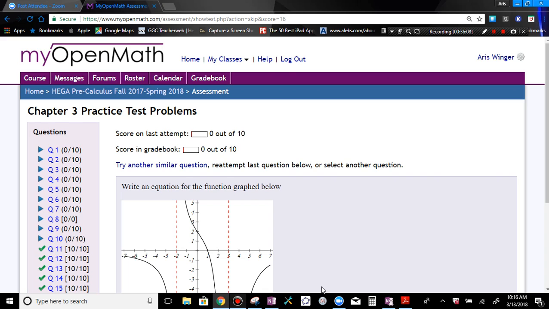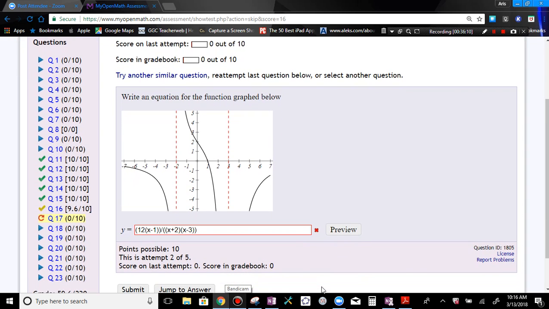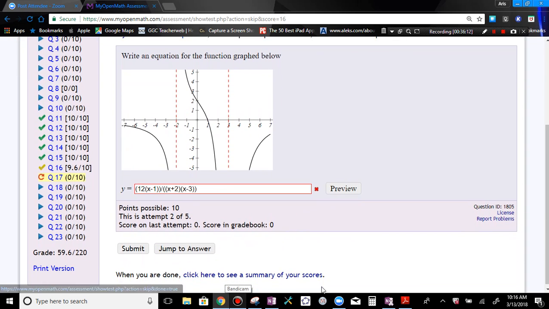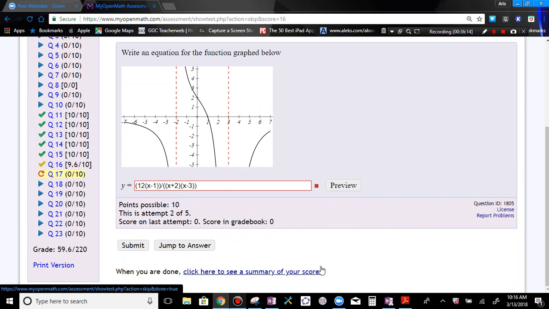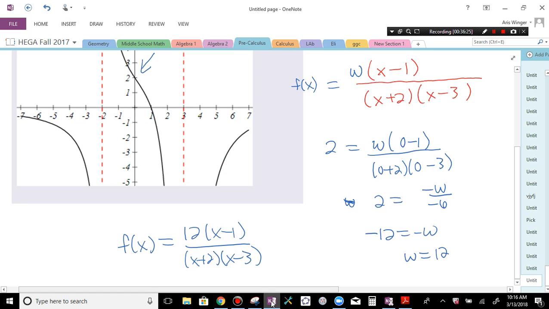It doesn't like that. My calculation is wrong, you think? Should we go back a page? We should. I just want to make sure that's x plus 2, x minus 3 and x minus 1. Do we need to test some values to see if there needs to be a negative in front of them? Yeah, so the sign might be right.